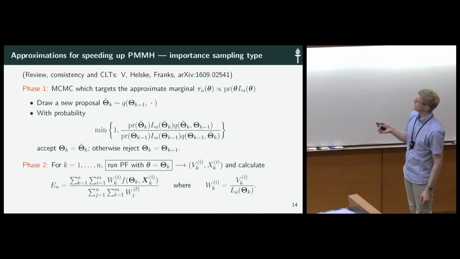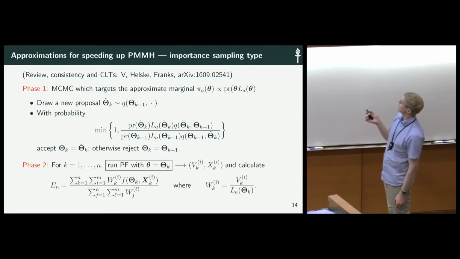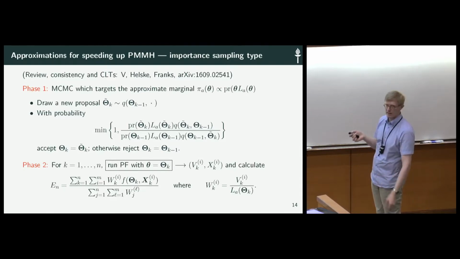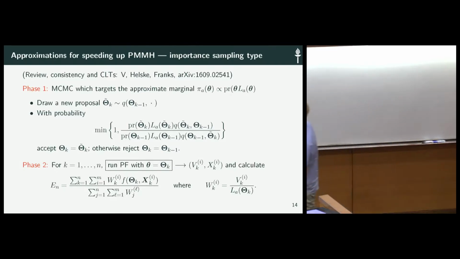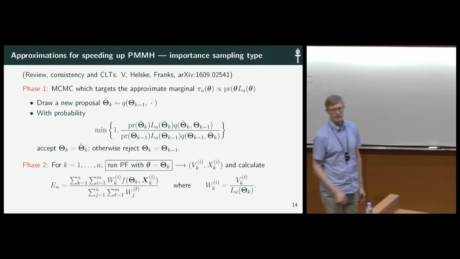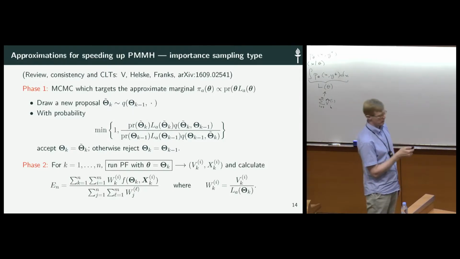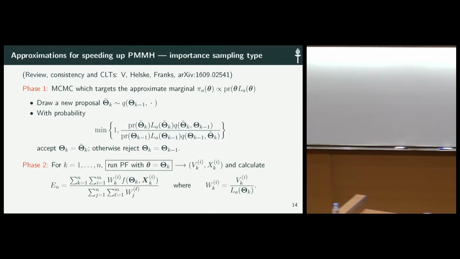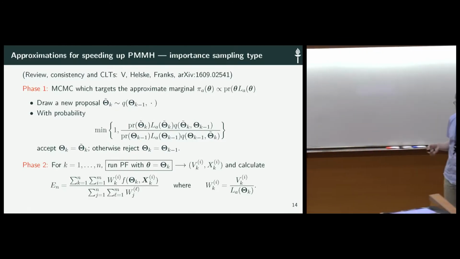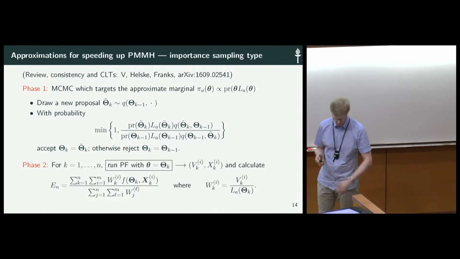So for all of the values of the MCMC output, you run the particle filter independently to get these estimates, similarly as in DA, but just in a different phase of the algorithm, and then you calculate such a weighted estimator. And this here looks very much like self-normalized importance sampling. You can be a little more general. It's not just self-normalized importance sampling, but the ideas obviously are exactly as in self-normalized importance sampling.